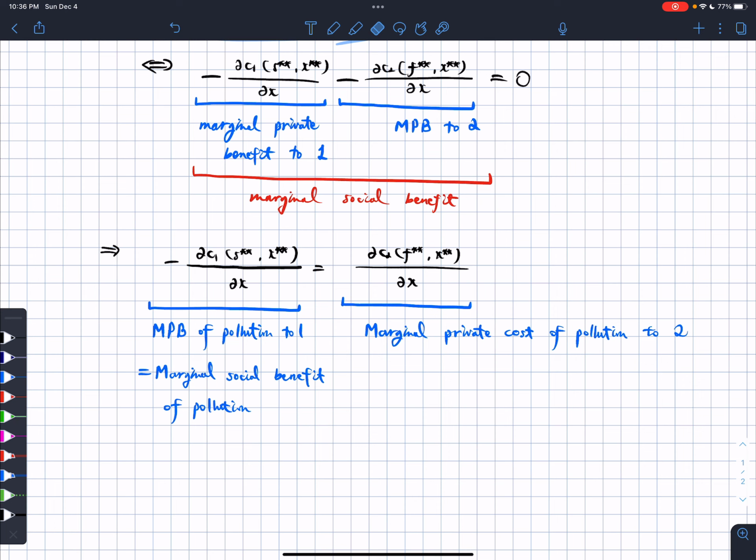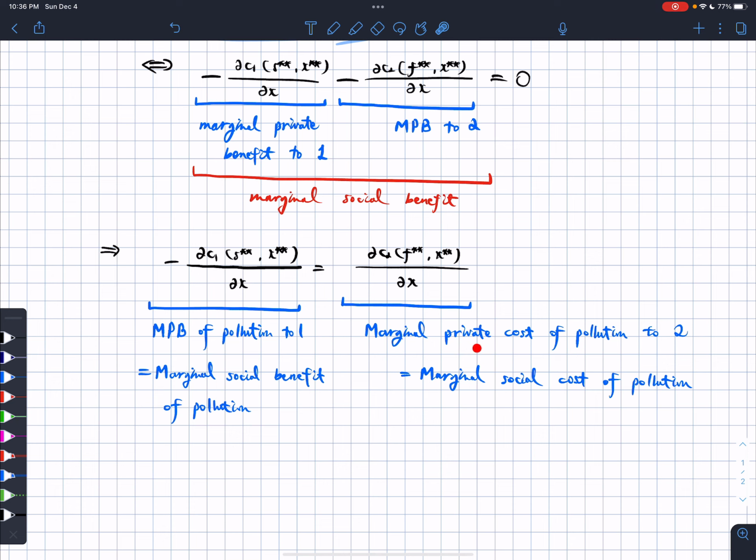Okay, and on the other hand, this right-hand side is actually marginal social cost of pollution. Okay, so the distinction in my language between private and social is that private includes only one of the two firms.